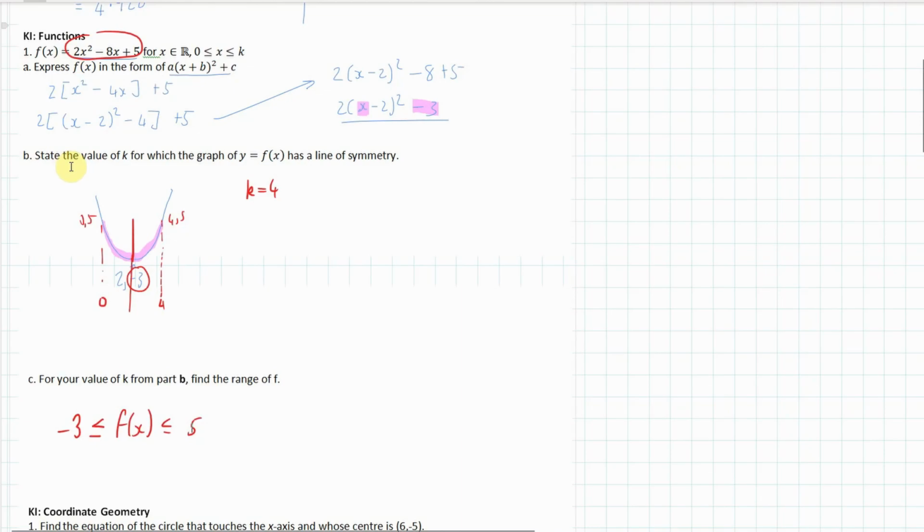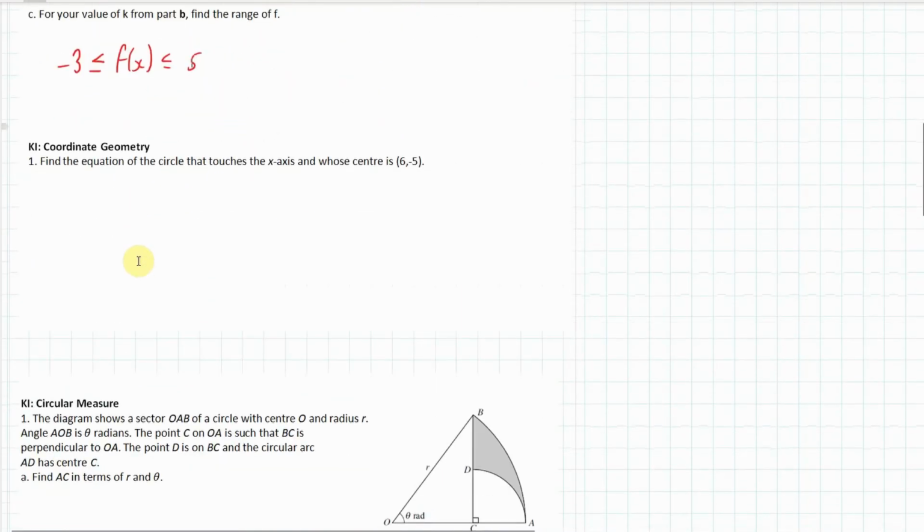Okay, the coordinate geometry question. We've got to find the equation of a circle that touches the x-axis and whose center is at 6, minus 5. I'm assuming if it just touches the x-axis at one point, which is what I'm assuming this is saying, you know that your radius must therefore be equal to 5.